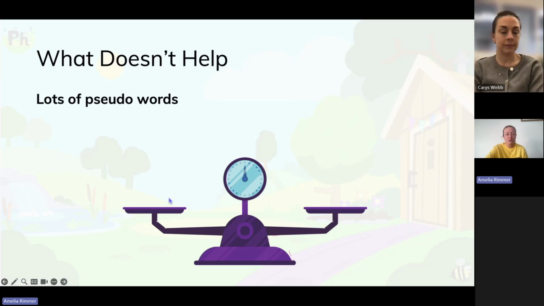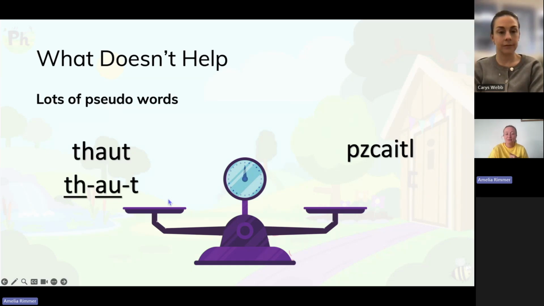Also, making up your own nonsense words is really, really difficult. For example, if I do this one, ought, okay, it looks like a complete nonsense word, or this one here, cattle, very hard to pronounce. Well, it's actually because thought, when I sound it out, ought, does make a real word.